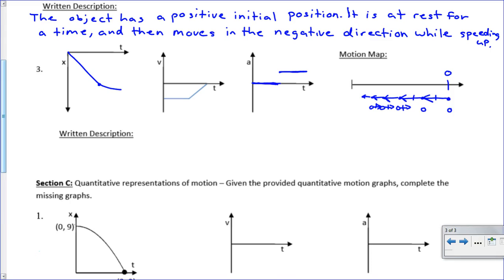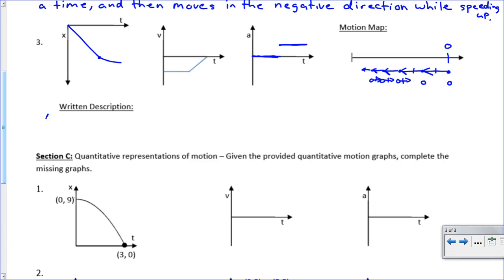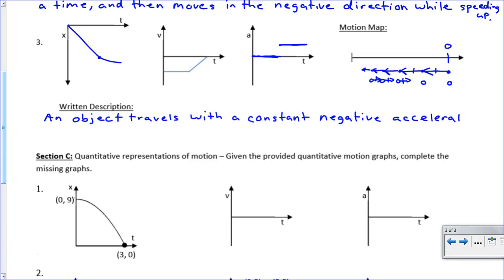For the written description, an object travels with a constant negative acceleration for some time.